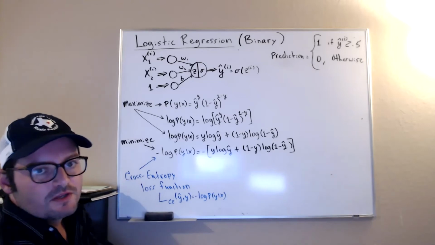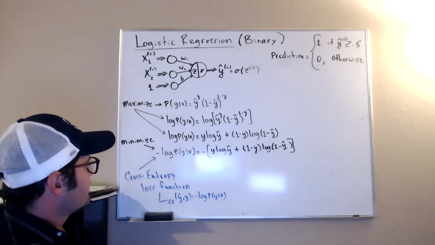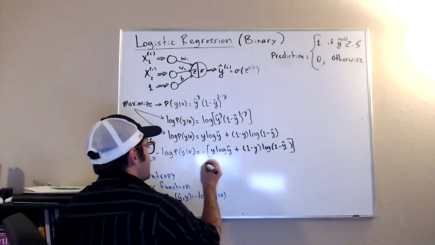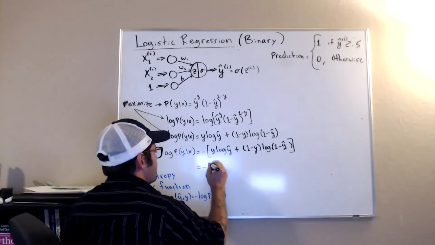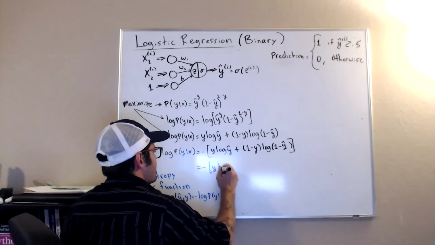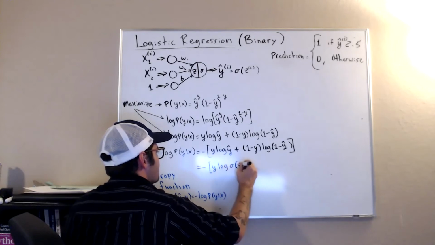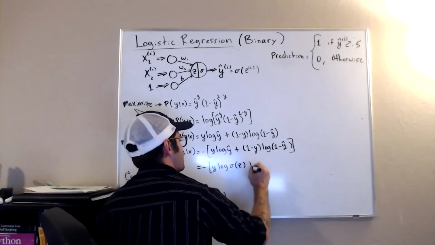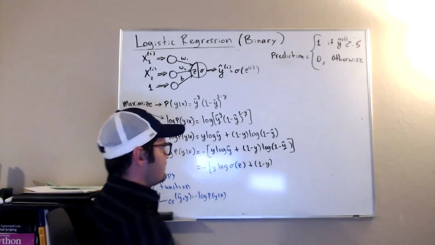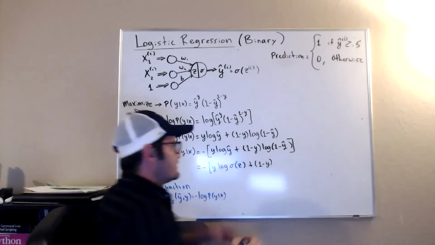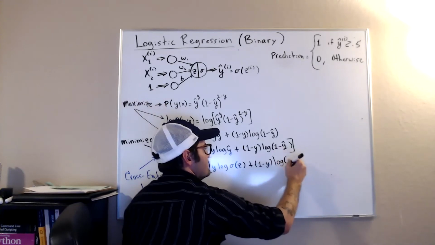So this right-hand side is really what we're going to be working with, because all of this we can rewrite by just replacing the y hat by what it really is, sigma of z, or the sigmoid applied to z.